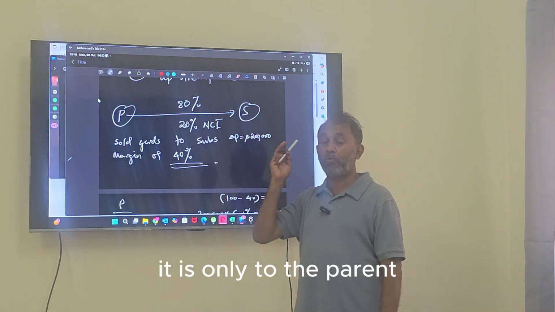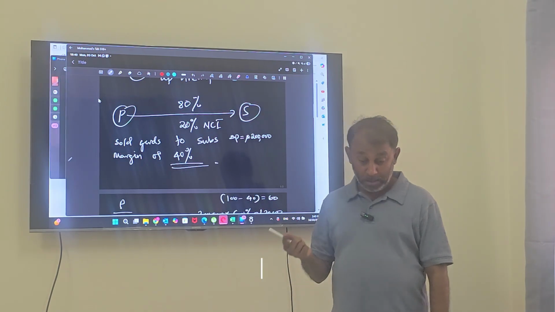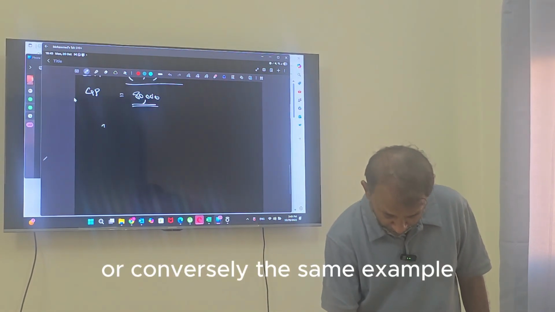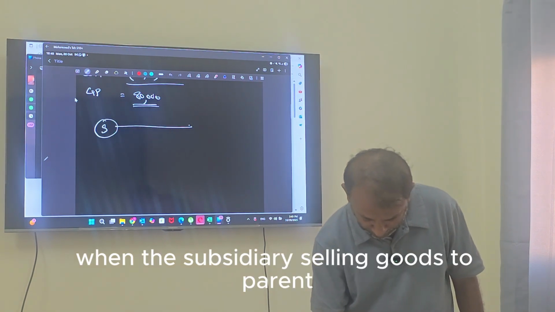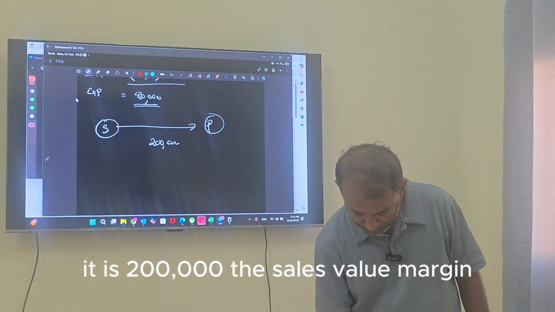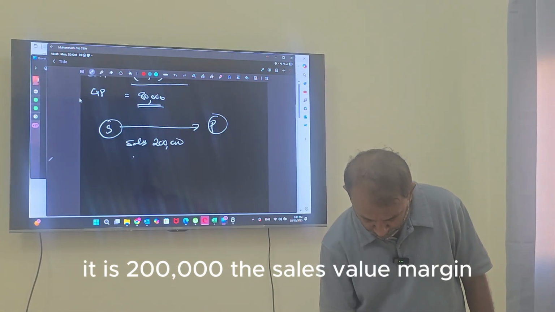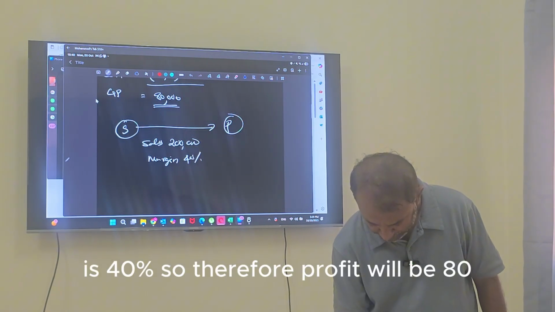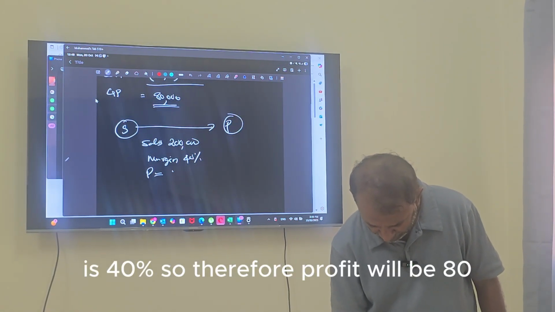It is only to the parent. Conversely, in the same example, when the subsidiary is selling goods to the parent, the sales value is 200,000, the margin is 40%, so therefore the profit will be 80.